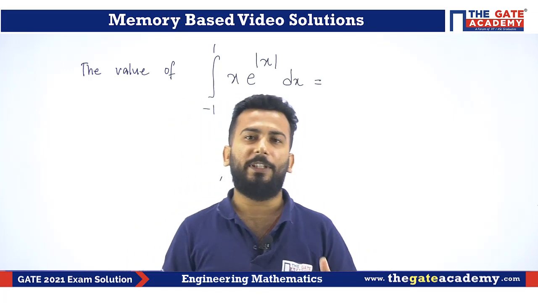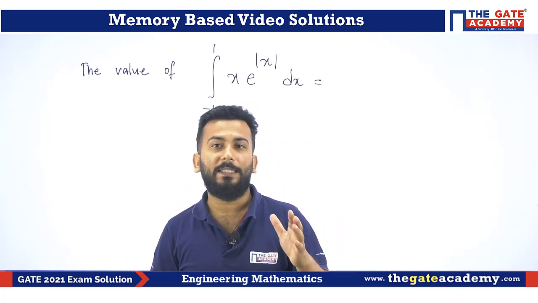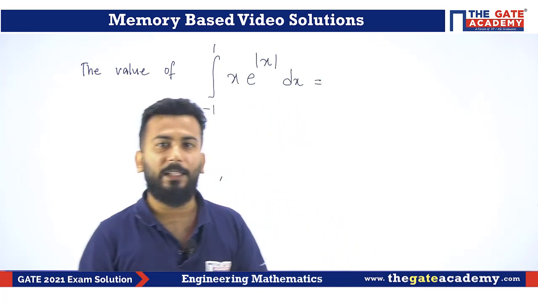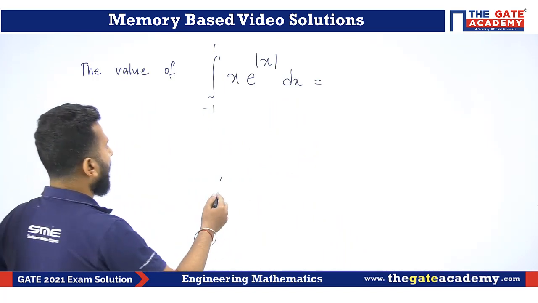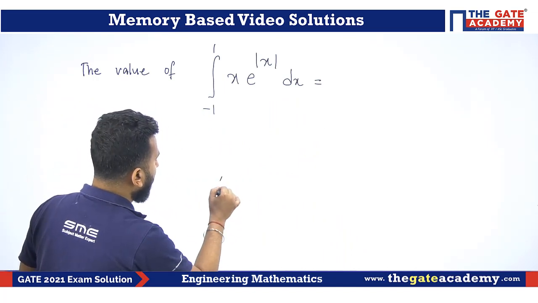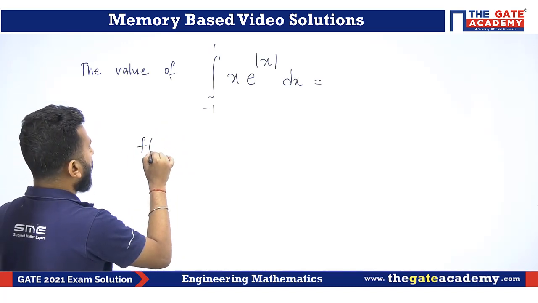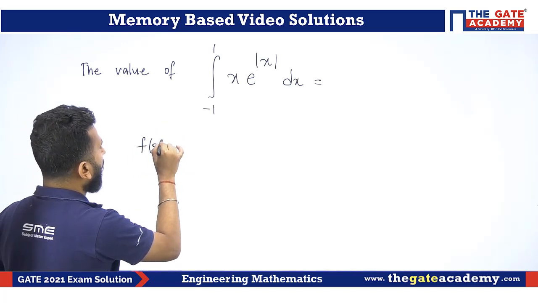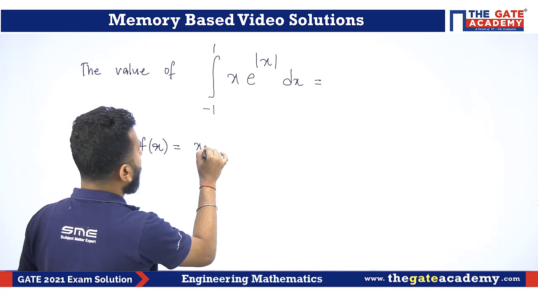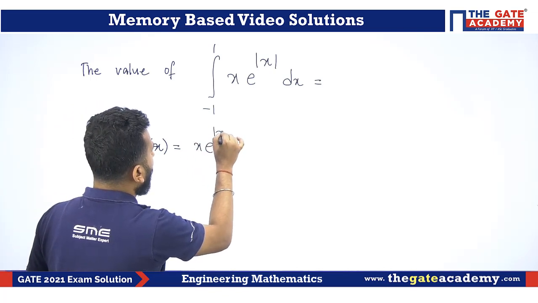The first thing that we check is whether the function is even or odd, right? This is the only thing that we check in all these circumstances. So if you check f of minus x, f of x is x into e raised to mod x.